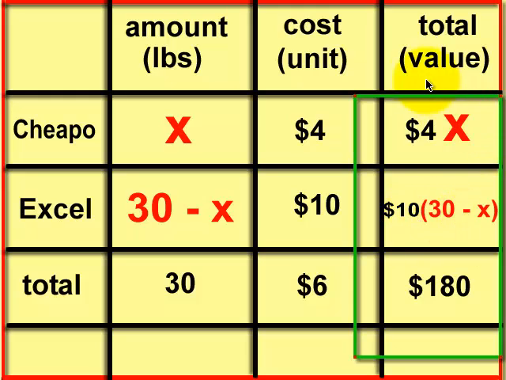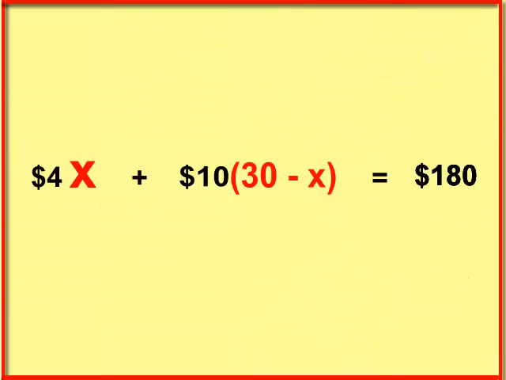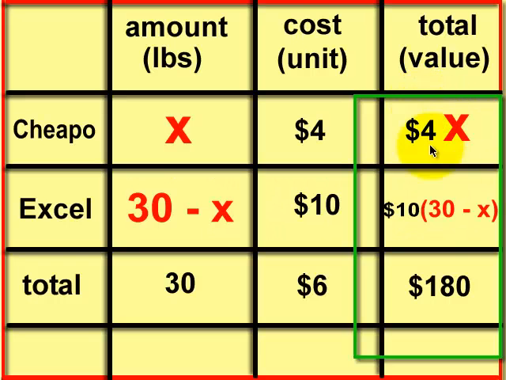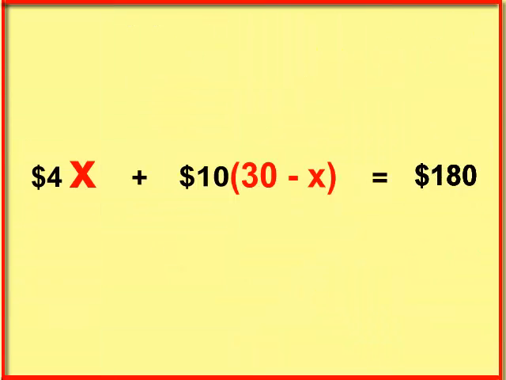This is what we got to realize now is these total values, right? If you spend $28 on El Cheapo and whatever this is here, this amount plus this amount should equal 180. So we have an algebraic expression here, right? It's going to be 4x plus 10 times 30 minus x has to equal 180, right? That's from this last column.